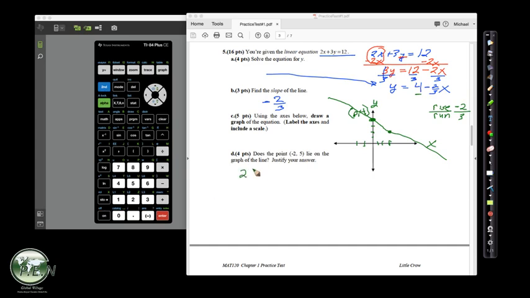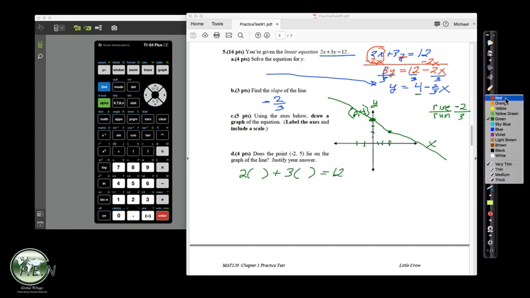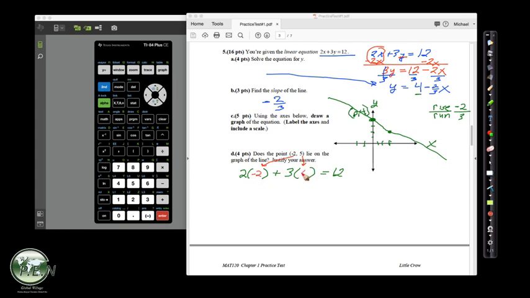So we're going to go 2x, remember keep that open, plus 3y with an open parentheses is supposed to be equal to 12. And then what we do is we plug in the x and the y. The x goes in for x, the y goes in for y, and we see if we end up with 12. So we get -2 here, we get 5 there.